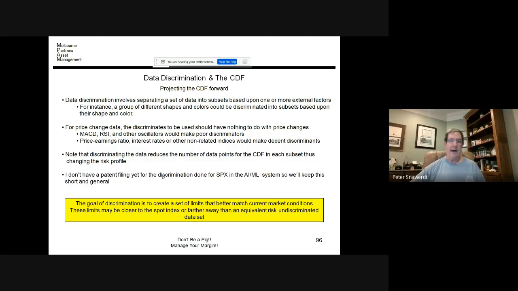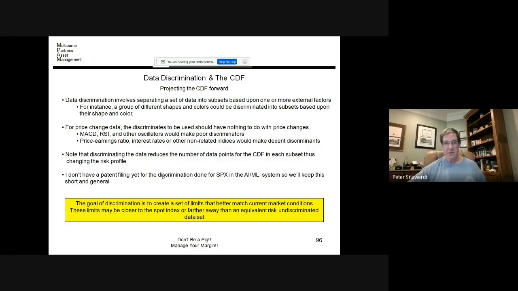Note that oscillators, like what I show up there, are not good discriminators. Can't really use those very well. They don't work, but PE does, PEG ratio does. Something like interest rates, how does the stock perform when the 10-year treasury is at a certain level versus at a lower or higher level? You can use interest rates for that.